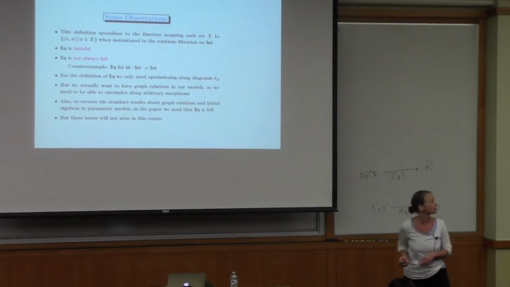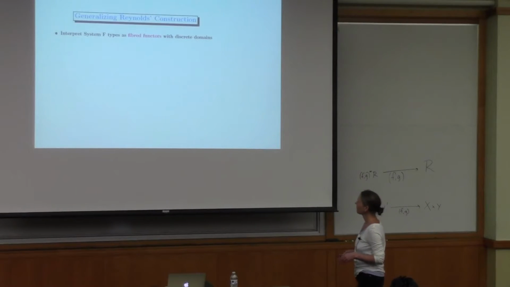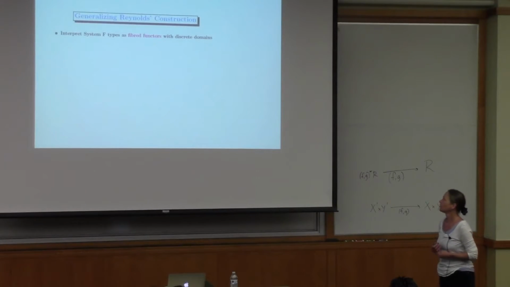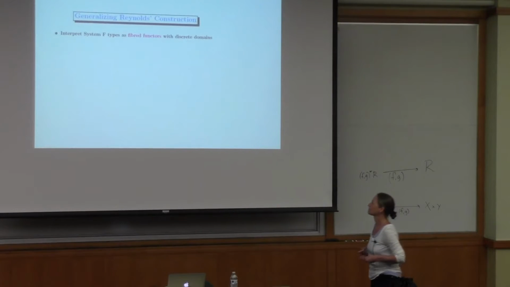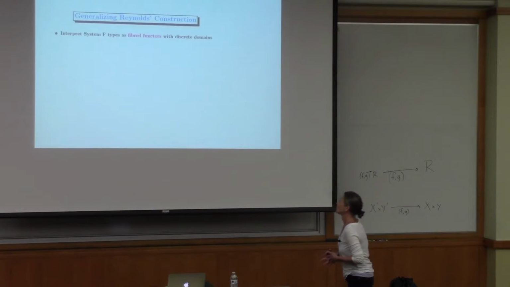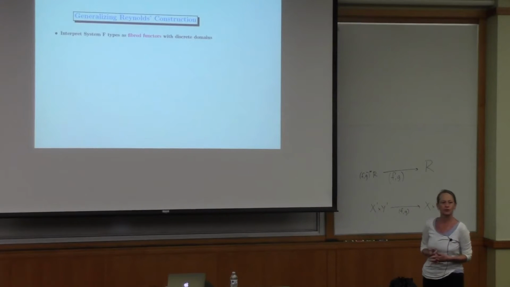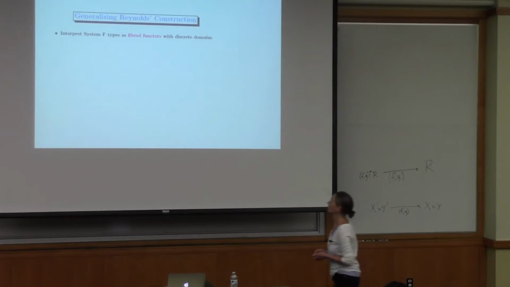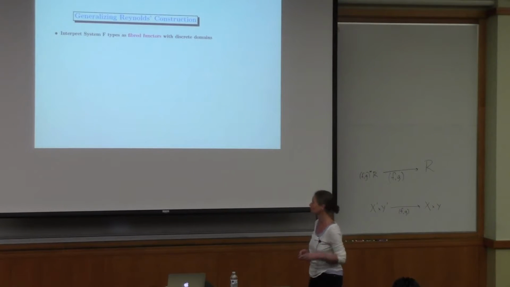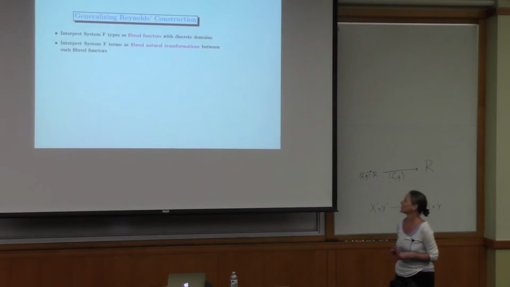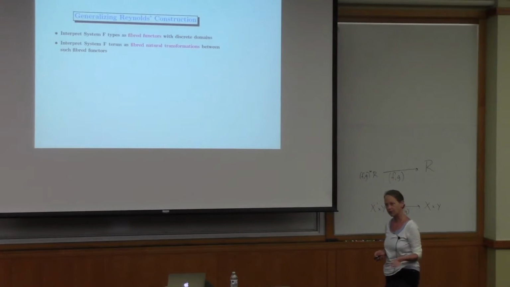Okay, so we made our observations. So let's see how we can use this to generalize Reynolds constructions. So remember, we're going to interpret types as fibered functors, and those are going to be fibered functors with discrete domains, right? Not cardinalities, but discrete domains. But they look very similar. And we're going to interpret our terms as fibered natural transformations between fibered functors. That's what we've seen before.